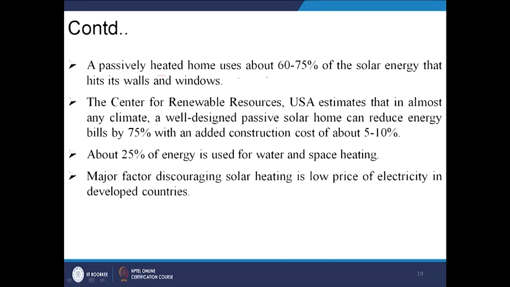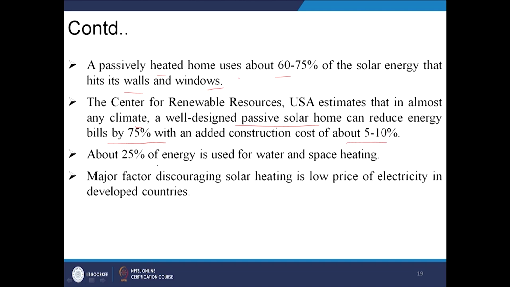By this design it has been reported that passively heated homes use about 60 to 75% of solar energy to heat their walls and windows. The Center for Renewable Resources, USA estimates that in almost any climate a well designed passive solar home can reduce energy bills by 75% with an added construction cost of about 5 to 10%.